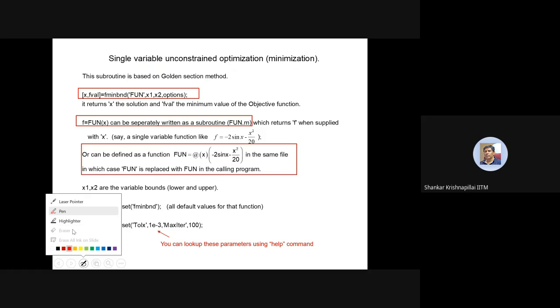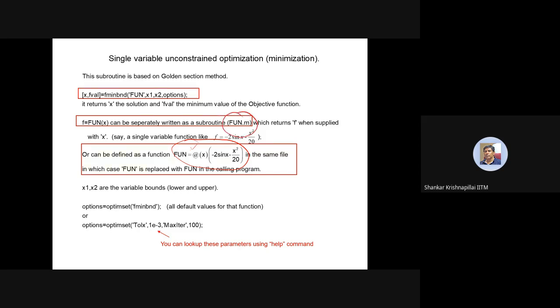Another option is to define the objective function in a single line in the main calling program itself. If you write it in the separate file fun.m, then you have to type fun in apostrophes, which means it is being taken from a file. If it is a one-line function in the main code itself, you don't need the apostrophes.